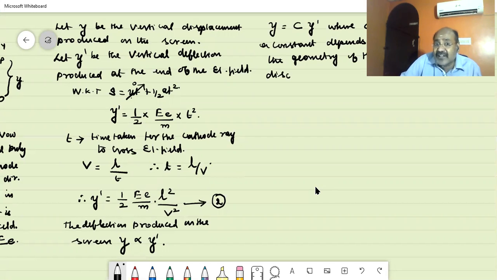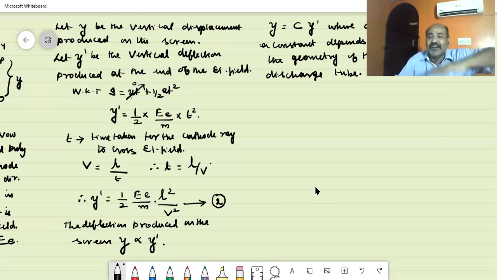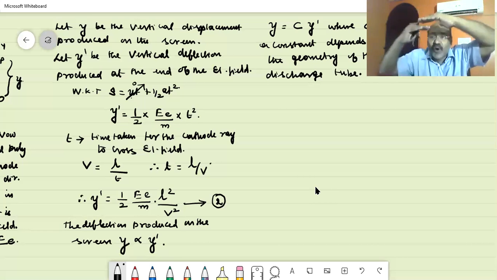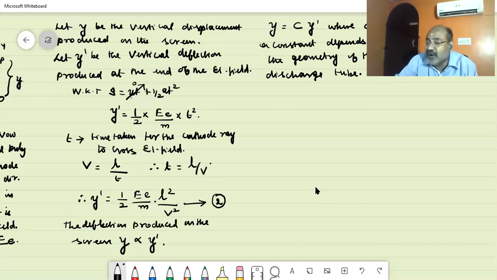What is the length of the discharge tube? What is the breadth? What is the length of the plates inside the tube? What is the distance between the two plates? The value of C is determined by the geometry of the discharge tube, which will be provided by the manufacturer. But this y can be measured on the fluorescent screen. By knowing the initial position and the final position, we can know the value of y.